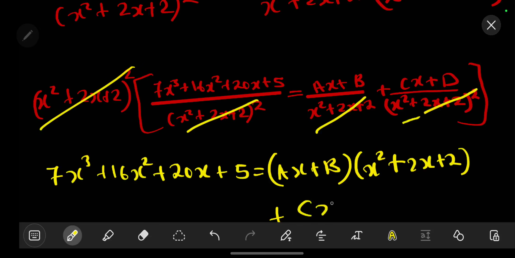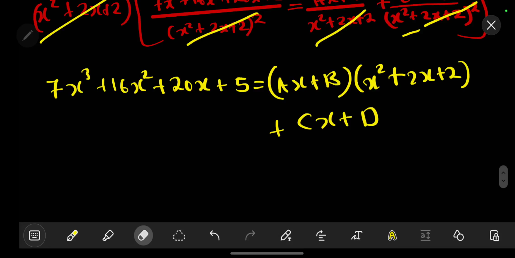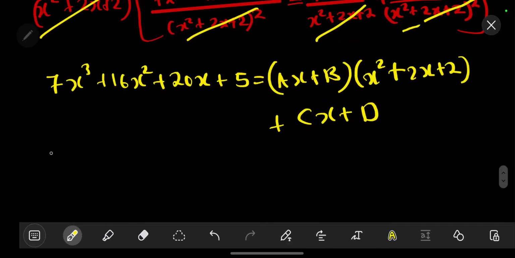So we are going to remain with cx plus d there. Then we have 4 letters. Since we have 4 letters, there's no way we can eliminate 3 letters at the same time. So what we are going to do is let us expand.